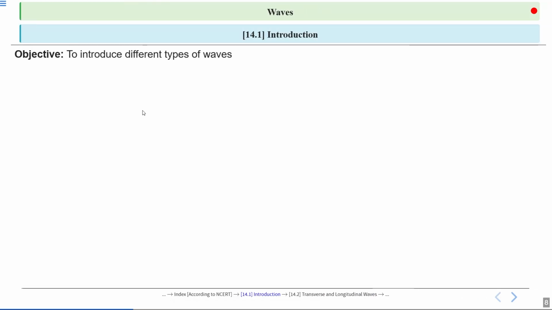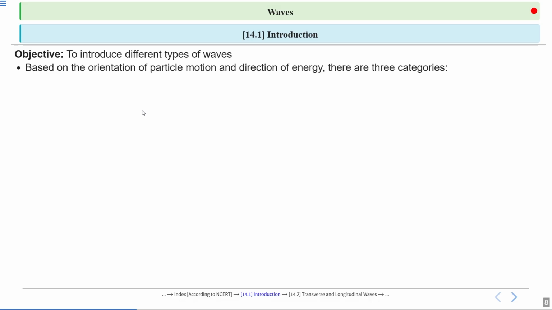Now let's introduce the different types of waves. Based on the orientation of particle motion and direction of energy, there are three categories. First, we have mechanical waves. These waves need a material medium like air, water, or a solid to travel through.